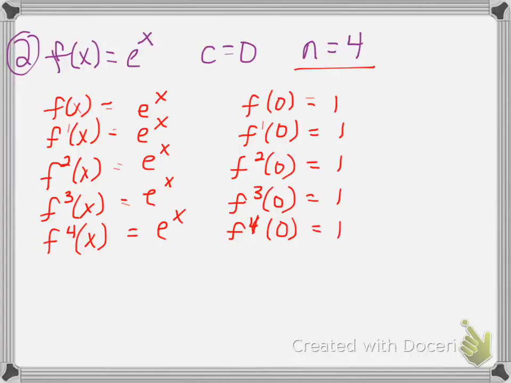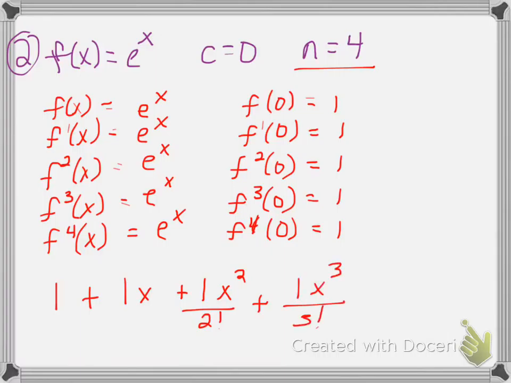So now I use my formula. It would be starting off with the first value, 1. The second value is 1, you put an x with it. The third value is 1, you put an x squared, and you divide by 2 factorial. The next value is 1, it's x to the third, and then 3 factorial. The fourth value is 1, and then x to the fourth over 4 factorial.